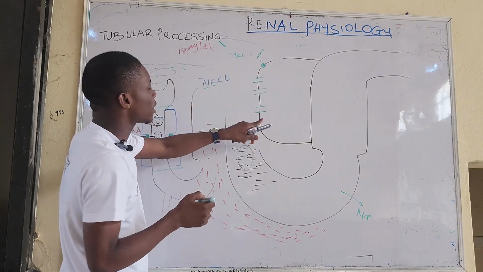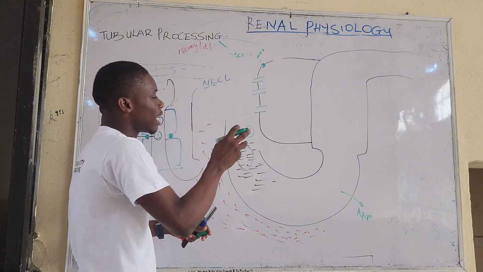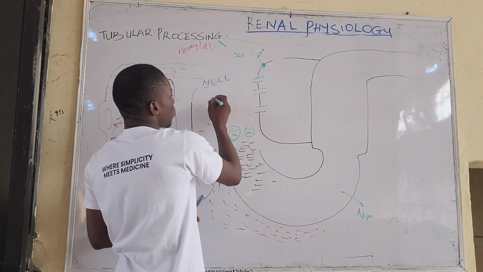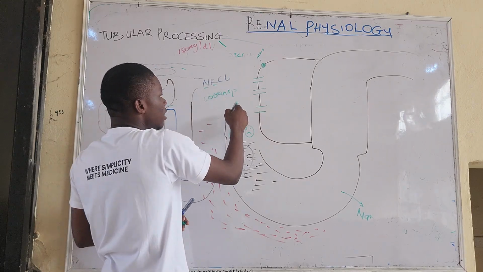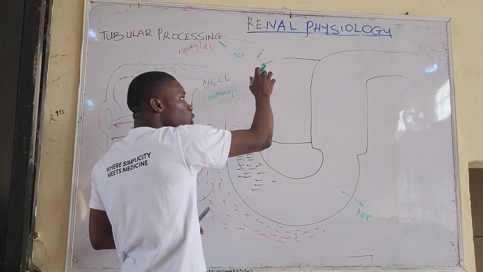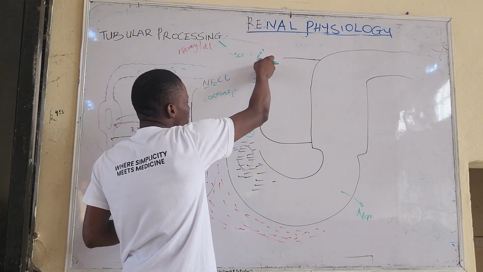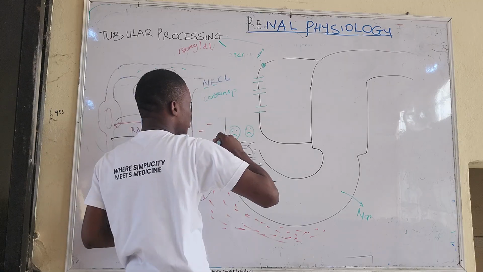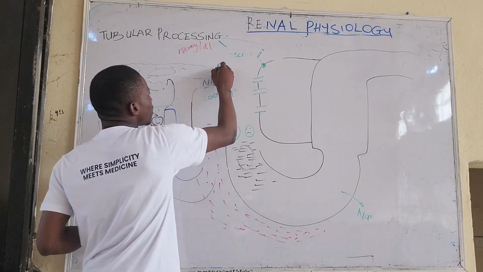That means on the basolateral part of the thick ascending, there are three transporters: sodium, potassium, chloride co-transporter. They are co-transporters, that means all of them are entering. There's also the sodium potassium ATPase pump. Just follow me. On the basolateral side, there's the sodium potassium ATPase pump. And also on the basolateral side, there's the sodium potassium chloride co-transporter. Or you can call it sodium potassium 2 chloride co-transporter.